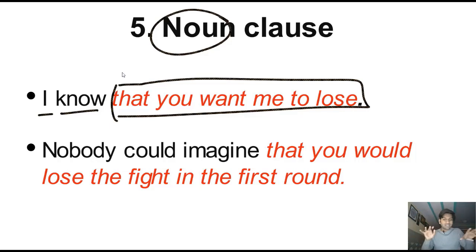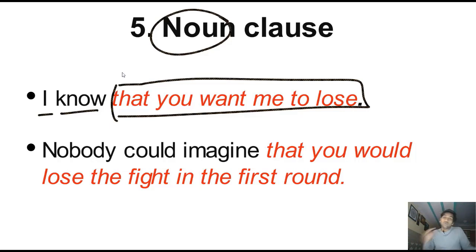So you don't need to use the object because it's already been said. I know what you just have said. But generally, without a context, you need the object, you need the complement. If you just go to somebody and say, I know, the person will ask, what? What do you know? You have to add what you know, right?